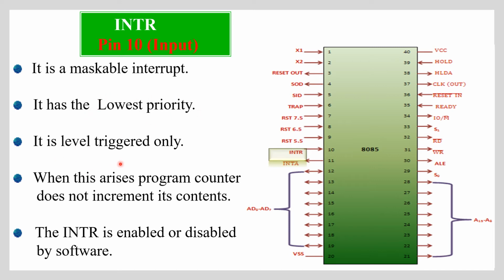It is level triggered only. When the interrupt signal is given on this line, the microprocessor executes the interrupt acknowledgement cycle to read the interrupt information from the interrupting devices. So it does not have a vector location.